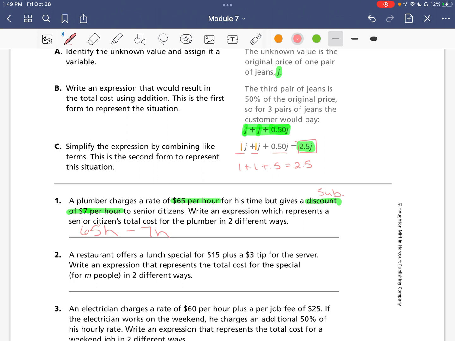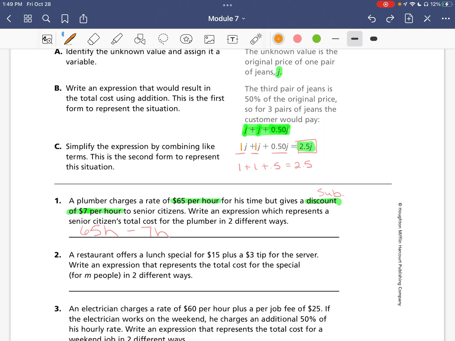And again, we can't simplify that any further unless we know how many hours he was at the house. If he was there for 2 hours, we would take a 2 and plug that in everywhere we see an H. But we don't know right now. So that is one of the ways we could write an expression.